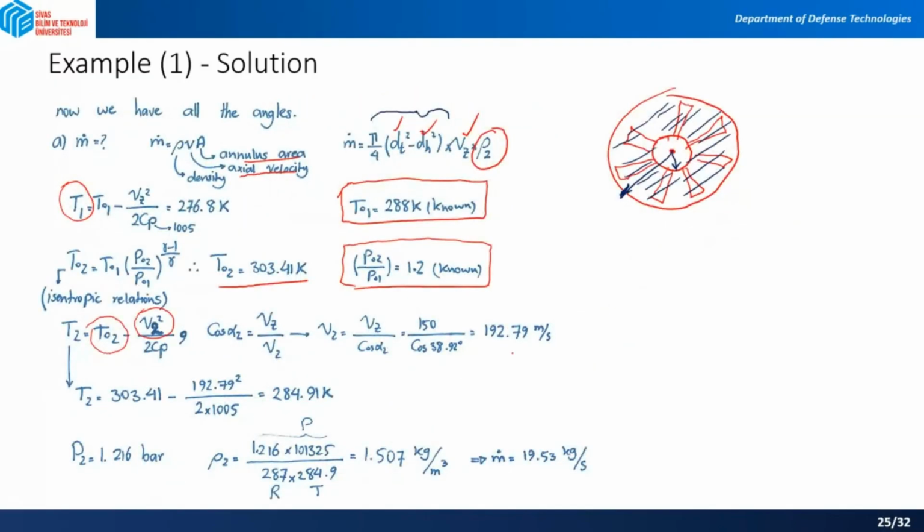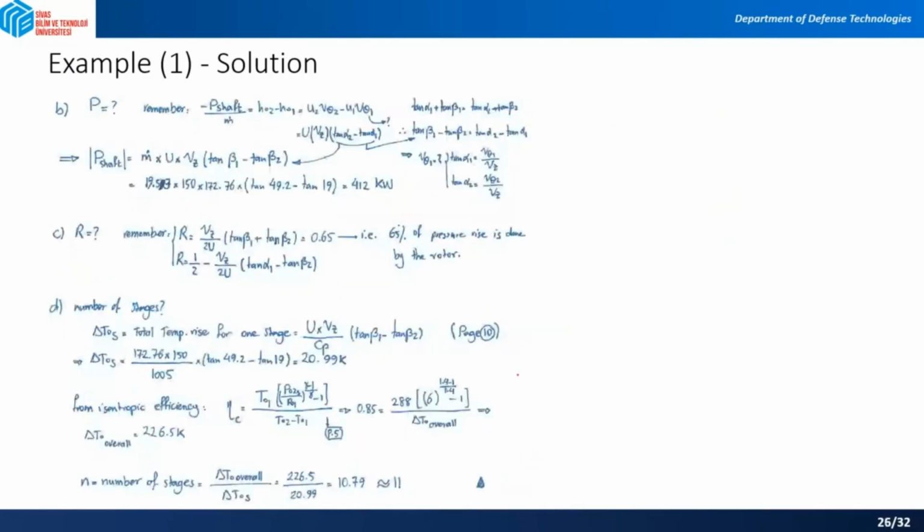So from here you can find your V2 magnitude. Then by knowing V2 and T02, you will find the temperature, and you have your pressure after passing. So you're using the perfect gas law, P is equal to rho RT, to find your density. And then you put this density in here and find the mass flow rate equal to 19.53 kilogram per second.